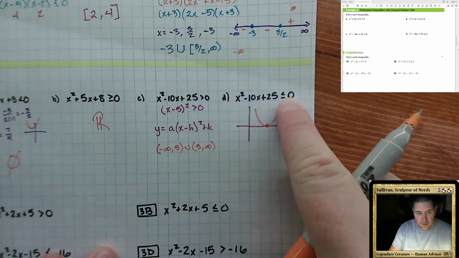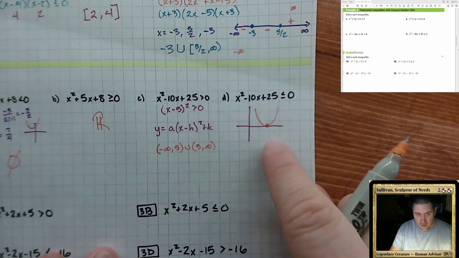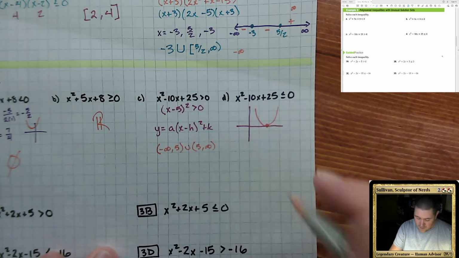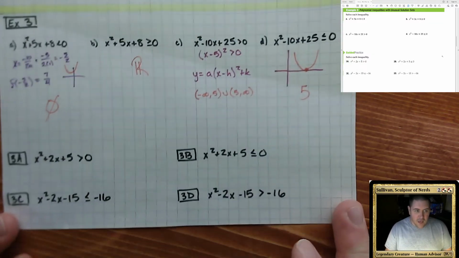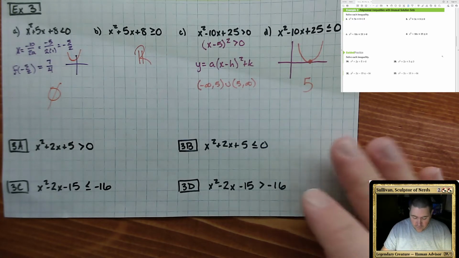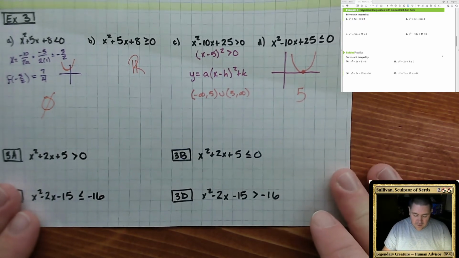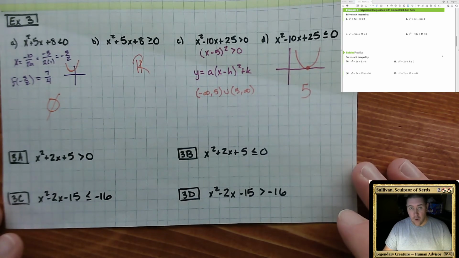If I ask where this particular parabola is less than or equal to 0, it's never less than, but it's equal to at exactly one spot. So if you know the behavior of the parabolas, or whatever function you're dealing with, sometimes you don't have to test anything, you don't have to solve anything, you just know.